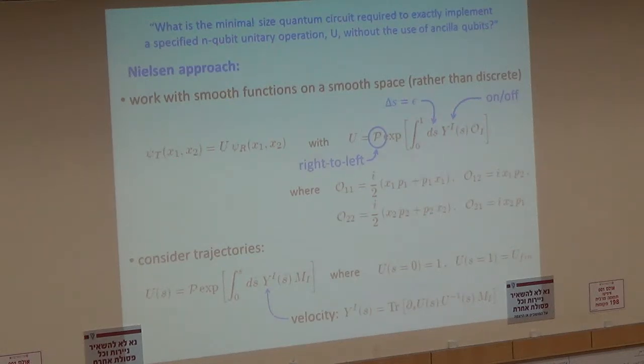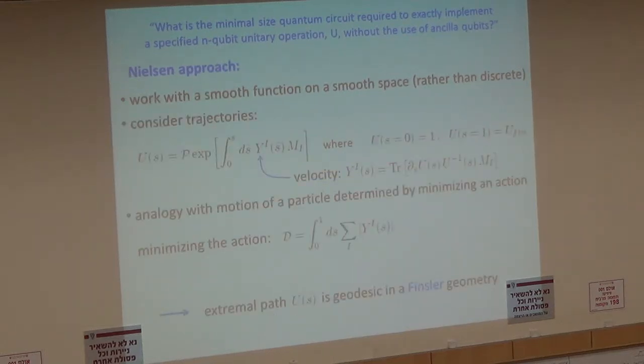Other questions? Well, sure, velocity, we did that. So we've got this interesting idea that now our unitary, or our circuit, is some kind of trajectory through the space of unitaries.